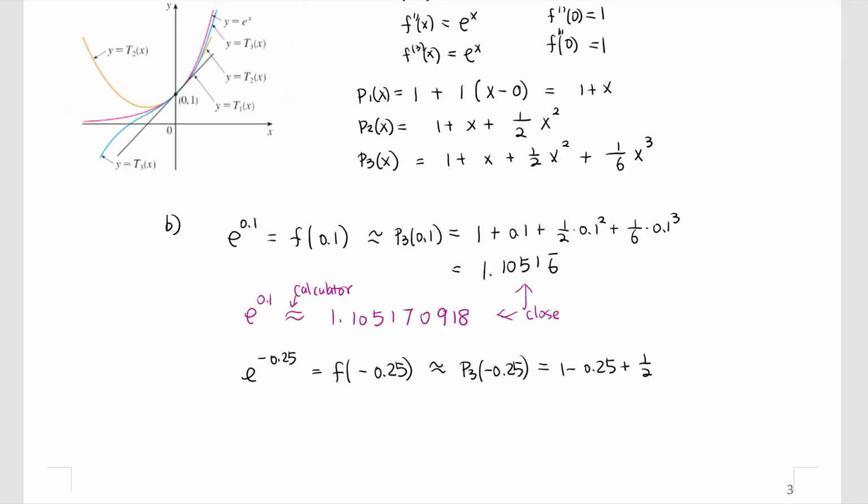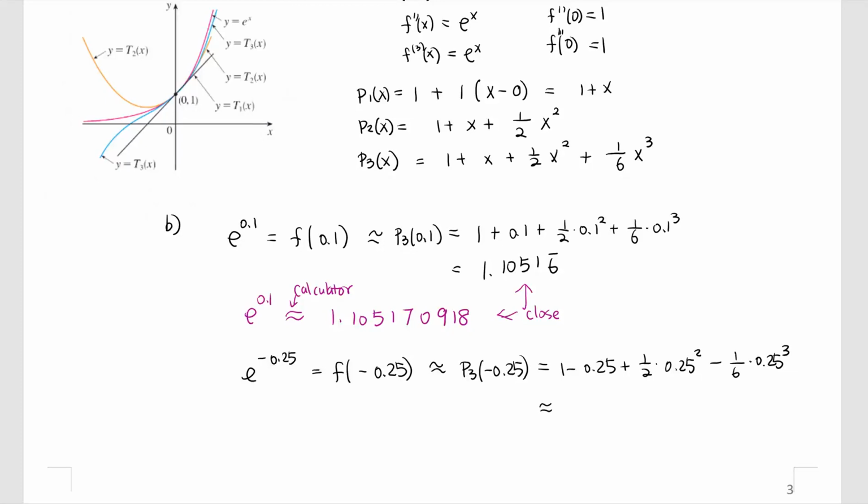Well, x squared, the negative squares become positive, so 0.25 squared. And then negative cubed still stays negative, so 0.25 cubed. So far, so good, everybody? So we plug this in our calculator and let's see what I get.